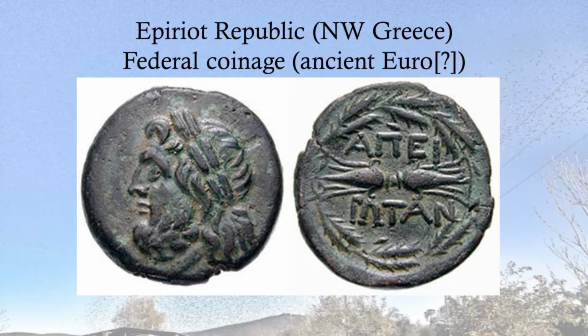An interesting example comes from northwestern Greece, the Epirot Republic. This is a federal coinage, sort of the ancient counterpart to the euro, where a number of states got together and had common coinage.